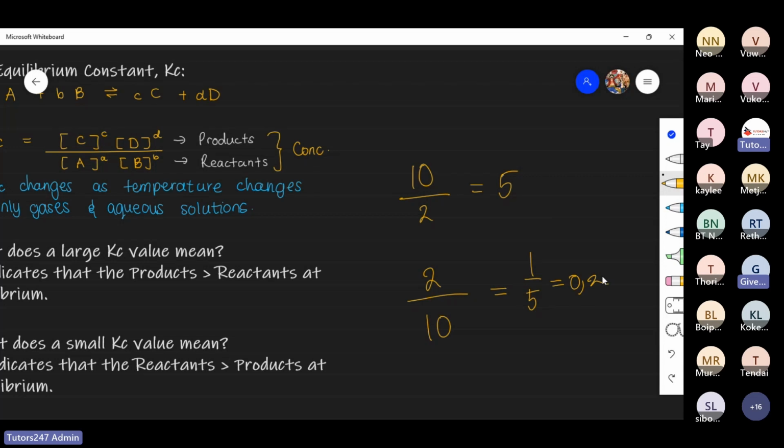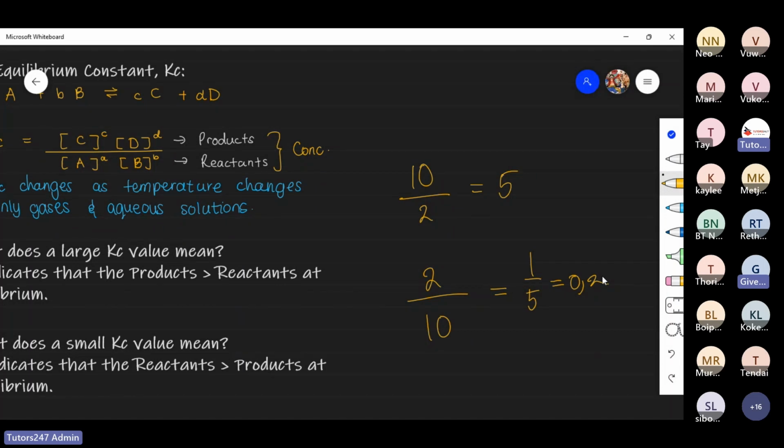So which is bigger, 0.2 or 5? It's the 5, right? So if we have a large Kc value, that means that our numerator was bigger than our denominator. What does our numerator represent? It represents our products, whereas our denominator represents our reactants. So if you have a big Kc value, it means your products were greater than your reactants.